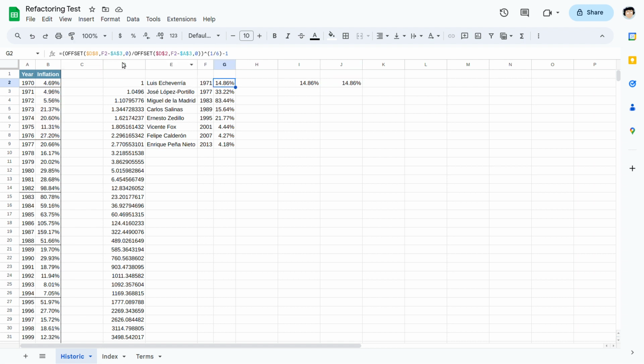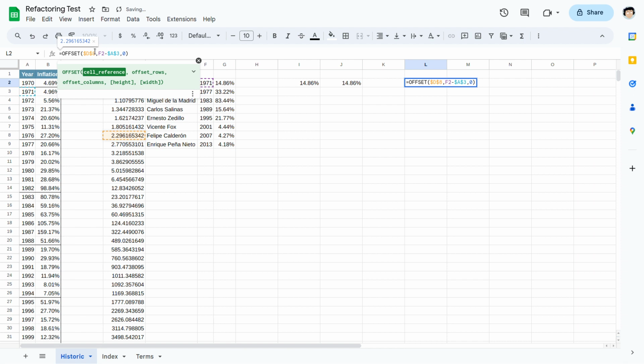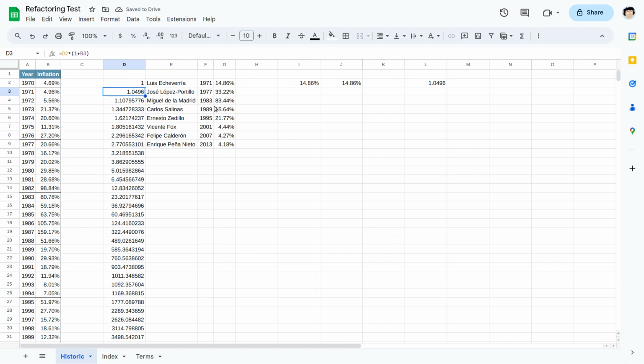Now here what I was doing is offset from D8. Let's use the D2 instead. Well, D3. But now instead of 1, I want 6 cells.